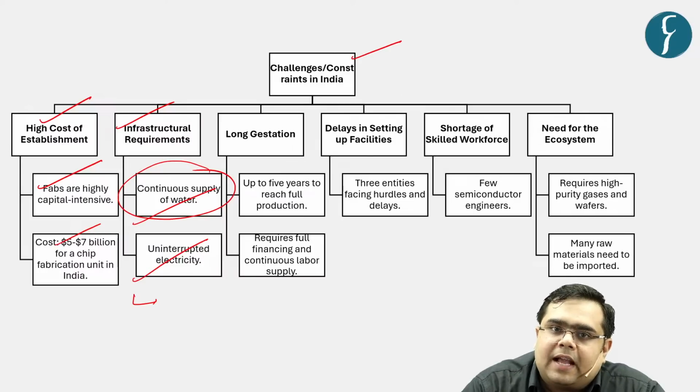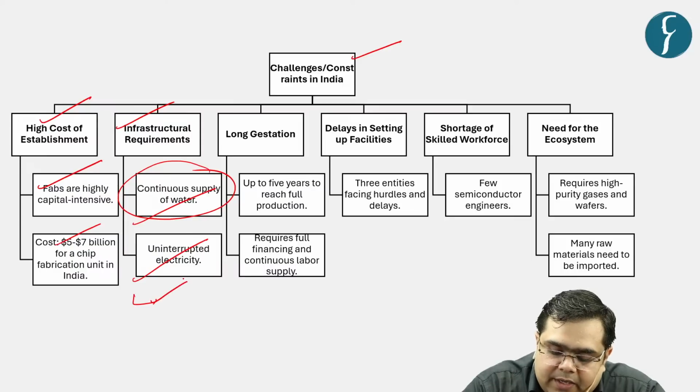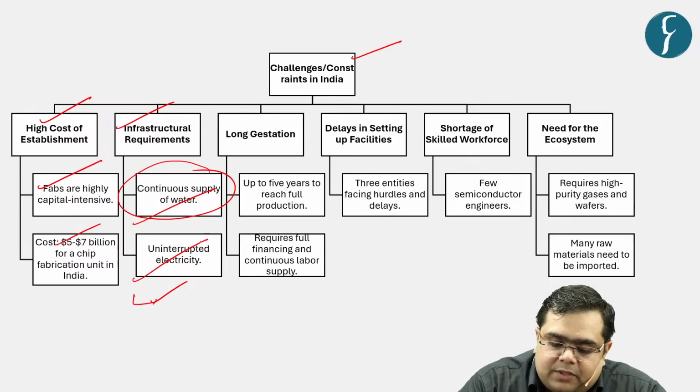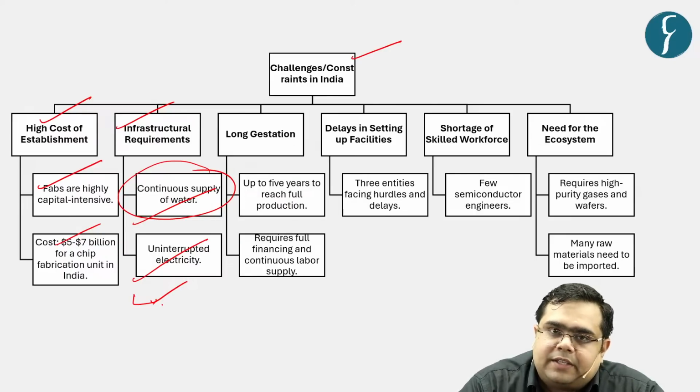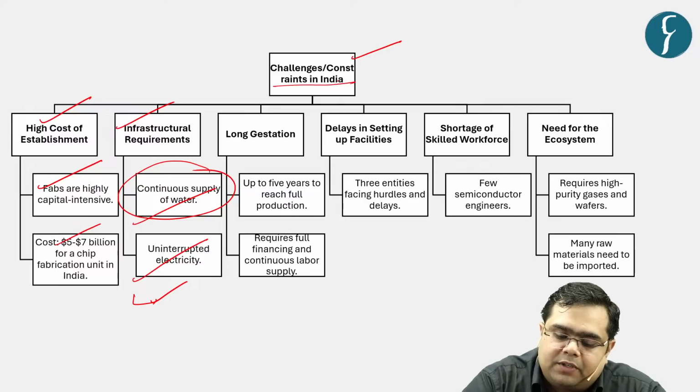But India is not self-sufficient in production of those gases as well, and we import those particular gases when this production is carried forward, right? So that is another challenge with respect to production of chipsets in India.